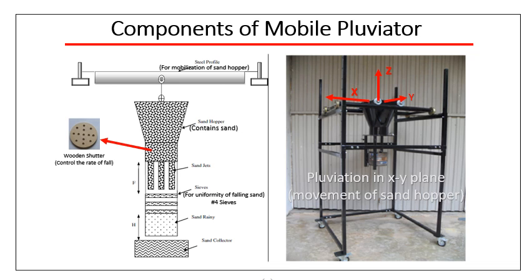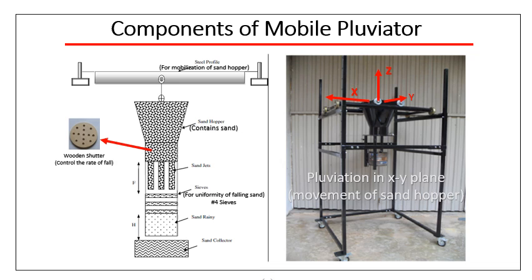So let's take a detailed look at the parts of the pluviator. First of all, it has a steel profile which is used to hold the sand hopper, the funnel-type thing that contains the sand.